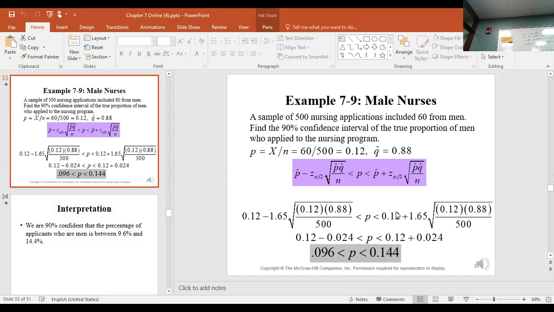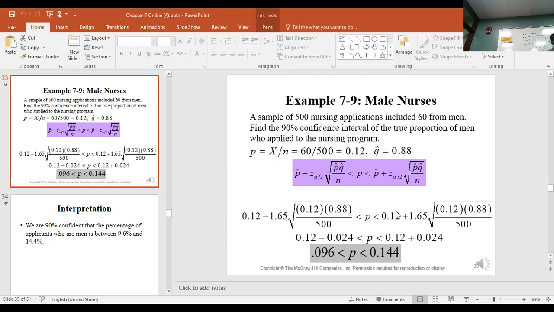The confidence interval for proportion will be p hat minus E less than or equal to p less than or equal to p hat plus E.